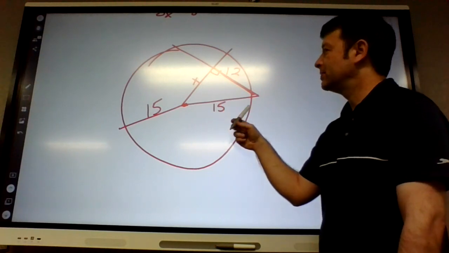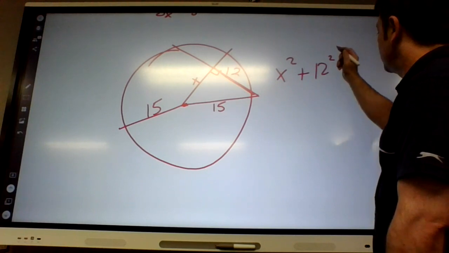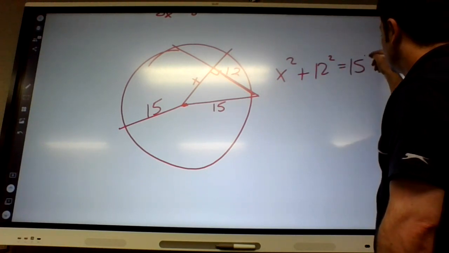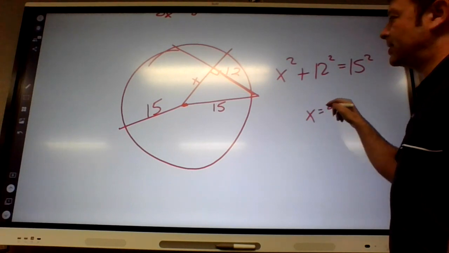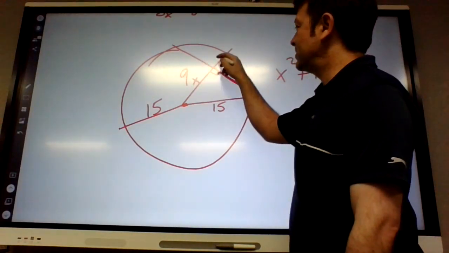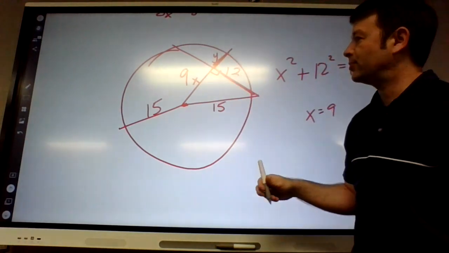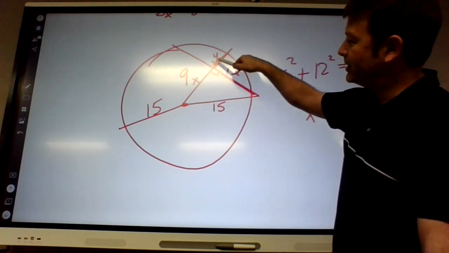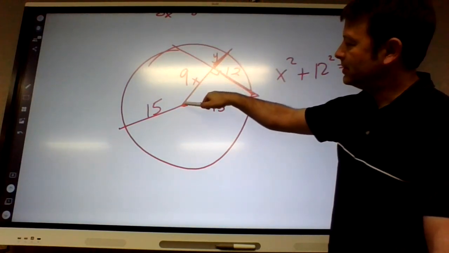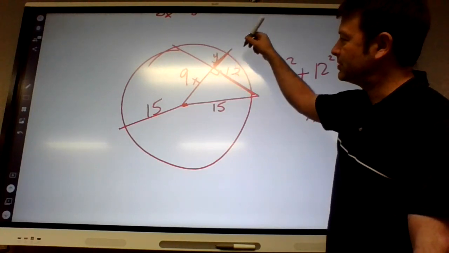Right? Pythagorean theorem, yes. I think if I fast forward, I get x is 9. So if x is 9, how long is y? This is what they're actually asking for. Well, if the whole thing is a radius, it's 15, just like this one, so it's 15 minus 9 is 6.